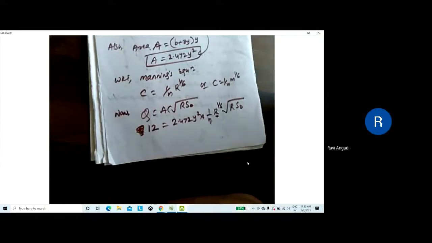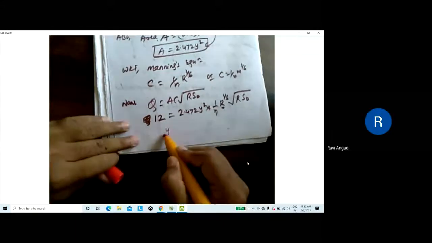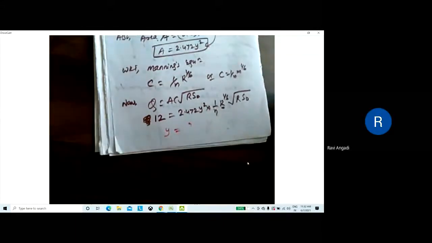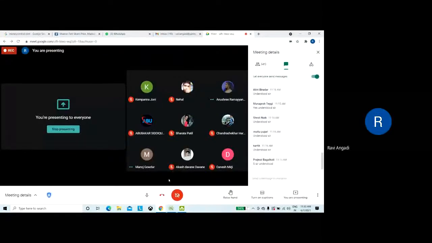You all have not taken the problem, you have not written the problem. Then can you tell me what is the value of y now? You calculate both y as well as b. Only one student has posted the answer. Y equal to 2.81, correct.